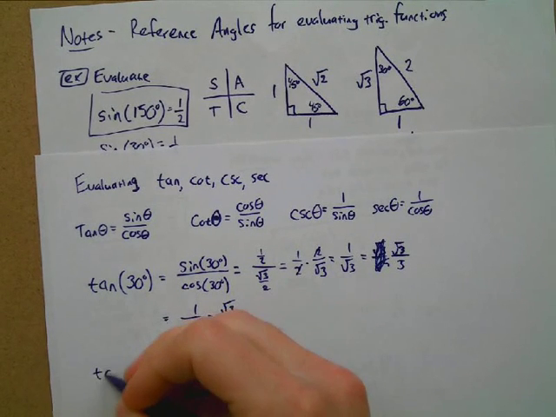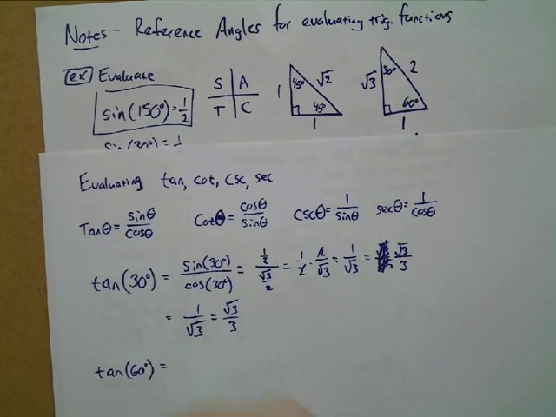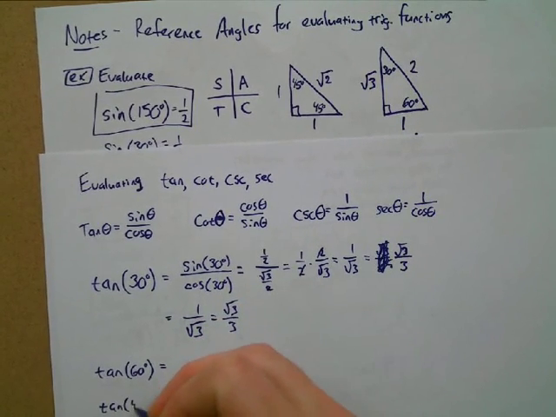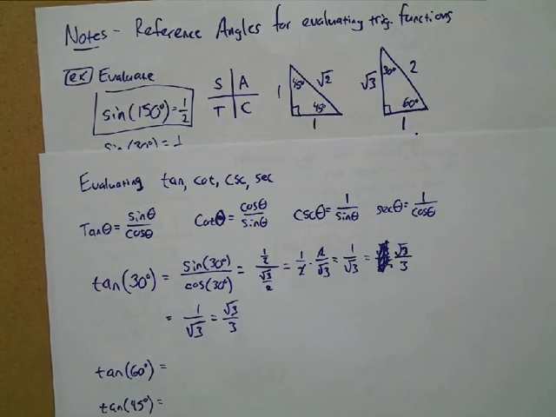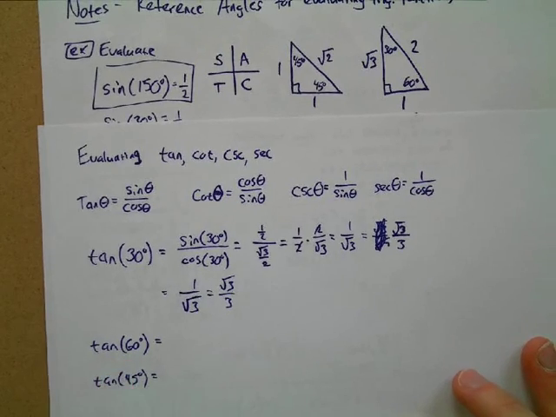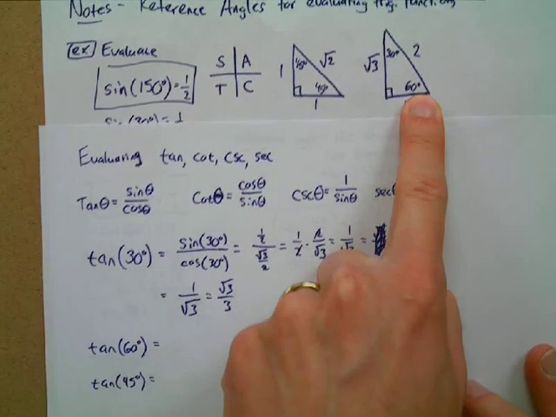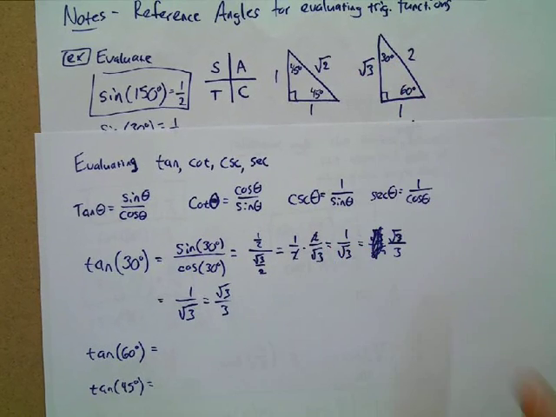So it's square root of 3 over 1, or just square root of 3. Tangent of 45. Here's 45. Tangent is opposite 1 over adjacent 1. Tangent of 45 is 1. Just use those trig ratios and the reference triangles.